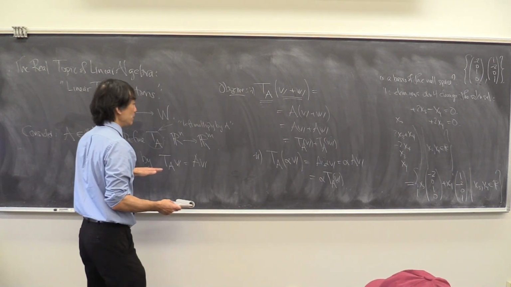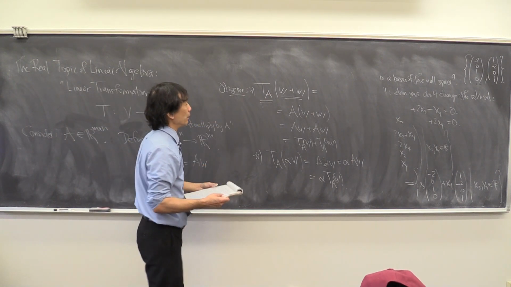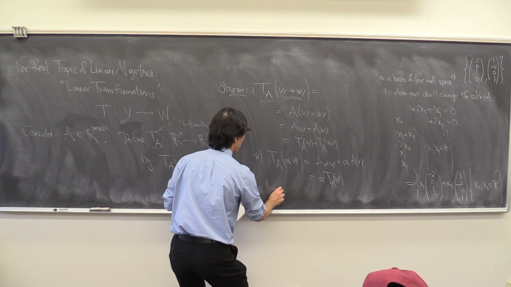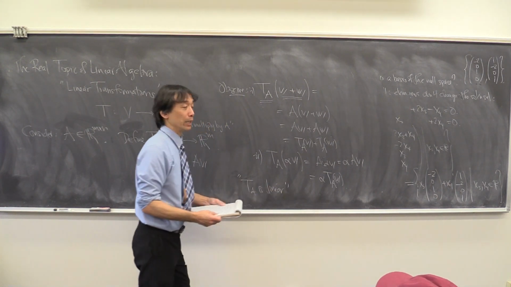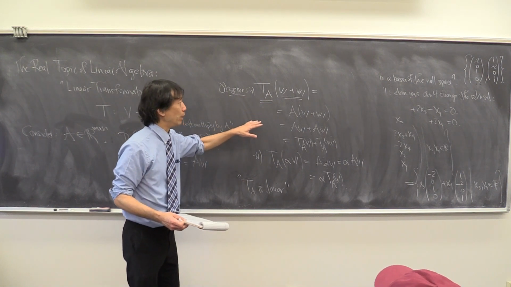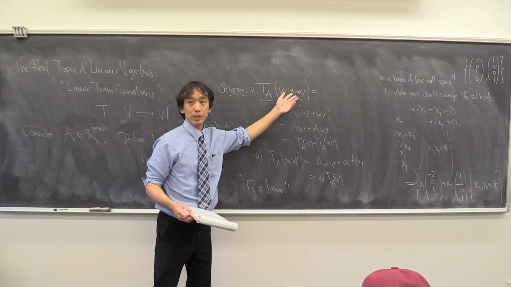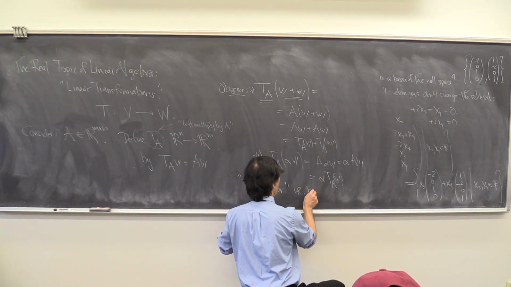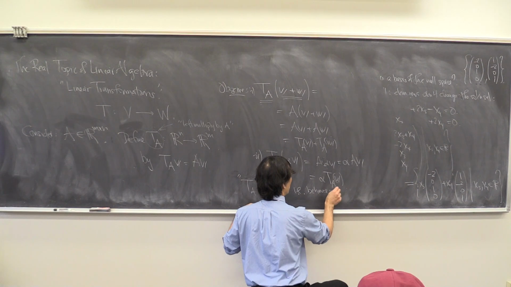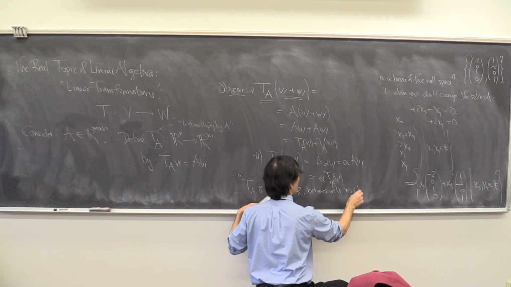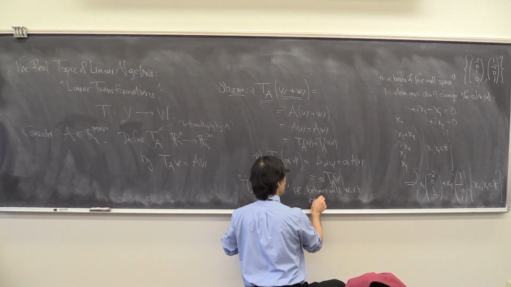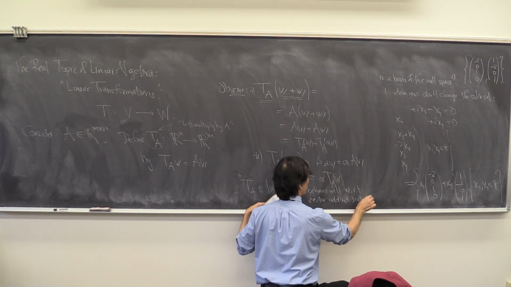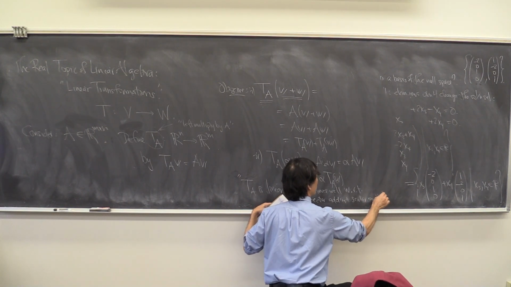Okay. So these two things together are called linearity. That is, it behaves well with respect to vector addition and scalar multiplication.